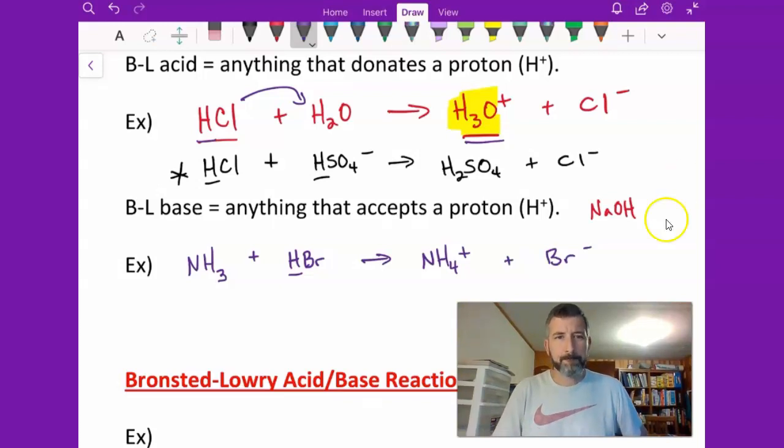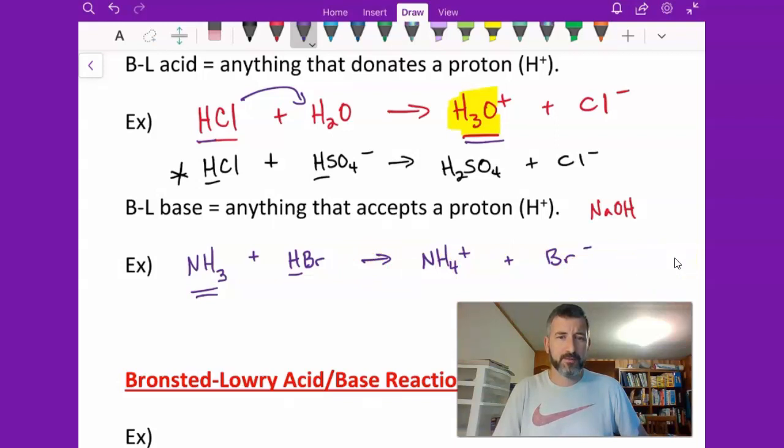So the NH3, the ammonia, is acting as a base, because a base, according to Bronsted-Lowry, is anything that accepts a proton. So it's taking an H from the HBr, and it's forming this NH4+, and instead of HBr, now you've got Br-.